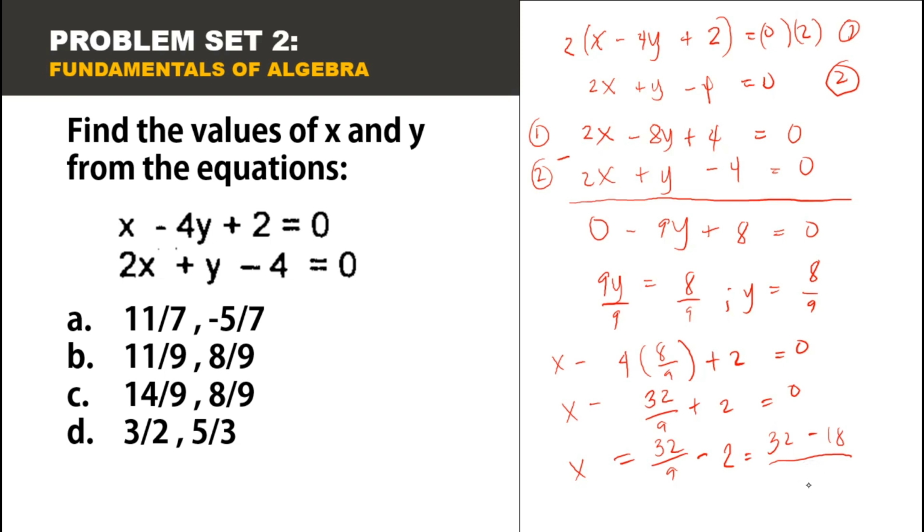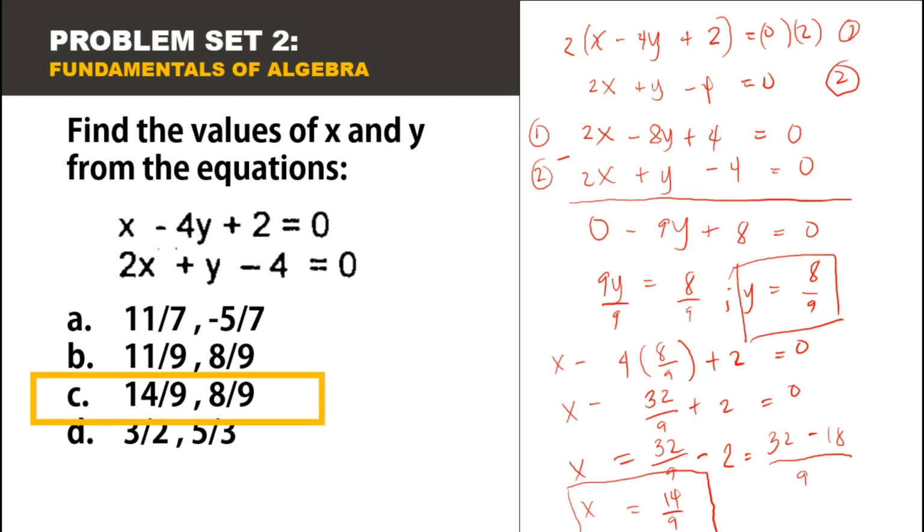So 32 minus 18 is 14. So x is 14 over 9. We have y as 8/9 and x as 14/9. We have letter C.